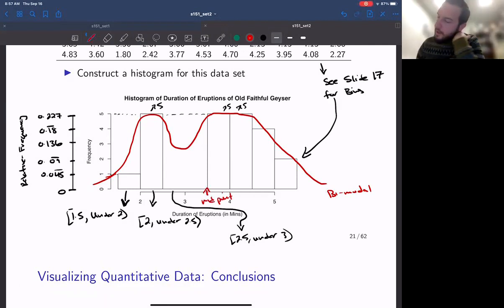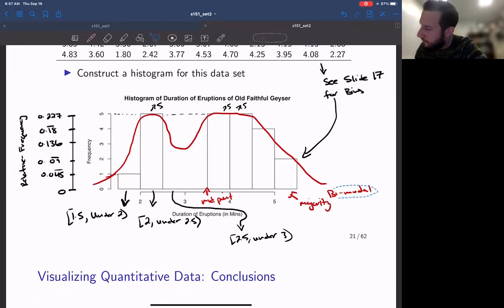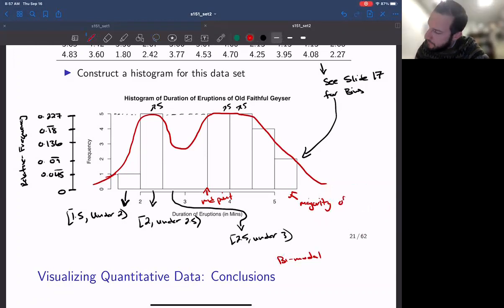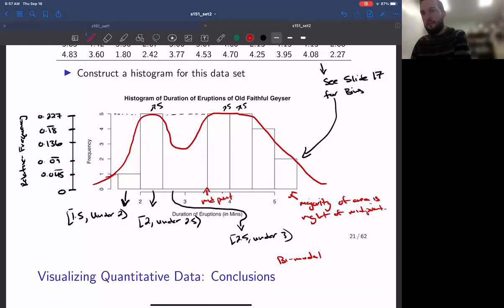All right. Now, this is a tricky one because of the height of the modes. But in this situation, the bulk of the area is to the right of the midpoint. Okay, so majority of area is right of midpoint. Okay, so most of it is on the other side.